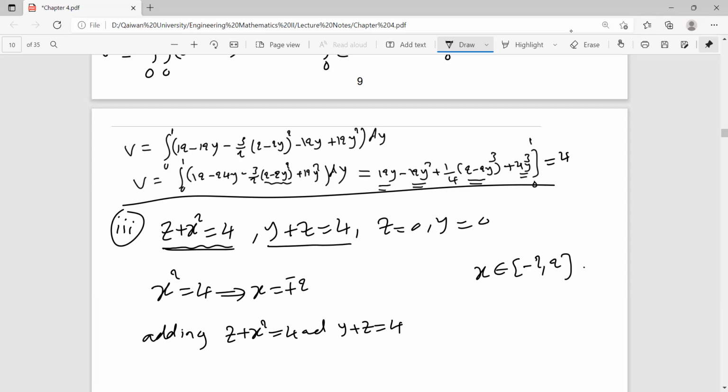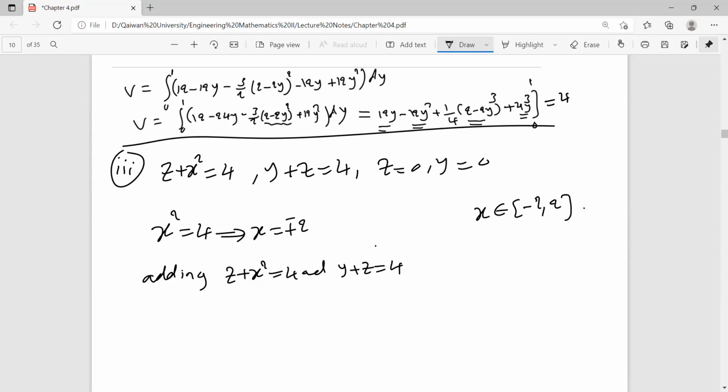We don't know which one we should use: z equals 4 minus y, or z equals 4 minus x squared. We don't know. That's why we should solve both together. By combining these two functions, we can get the upper limit of z. And the sum of these two functions is 2z plus y plus x squared equals 8.